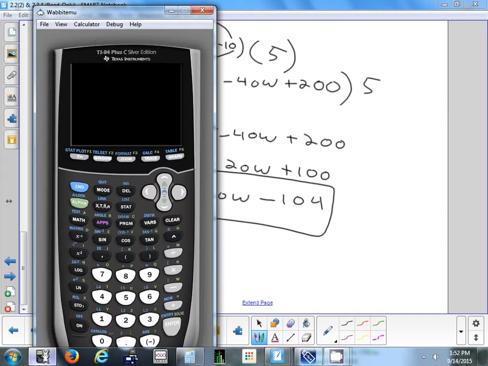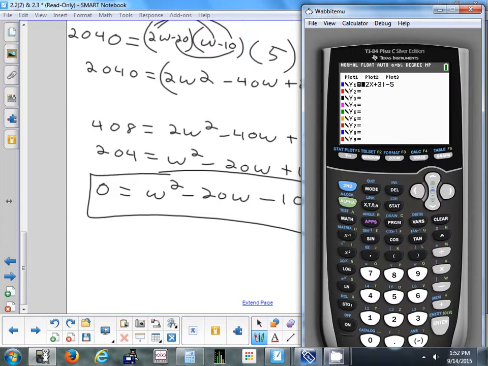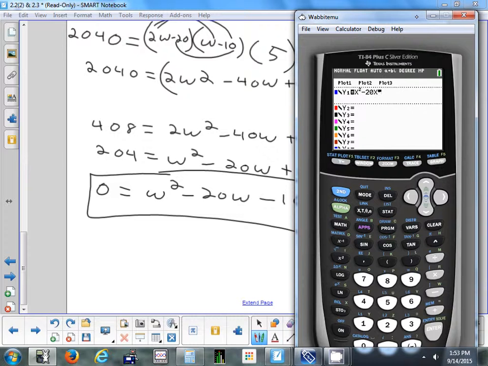We could just graph it and see what we get. Let's type it in real quick rather than factor it or use the quadratic formula. What I'm going to do is zoom out a little bit. You can see part of the parabola, and now I can see the other part.